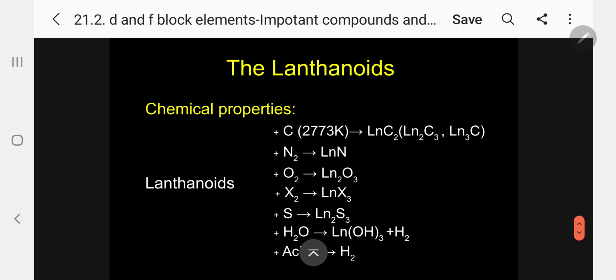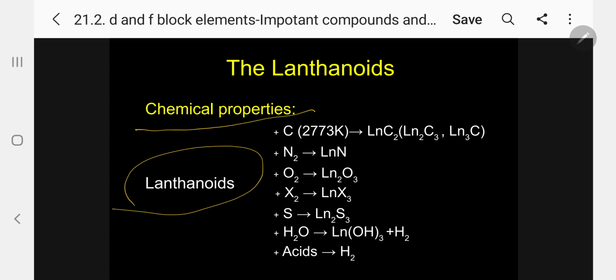Coming to the chemical properties, lanthanides normally combine with carbon to produce different compounds: Ln2C3, Ln2C, Ln2C2, etc. With nitrogen, LnN; with oxygen, Ln2O3; with X2, LnX3; with S, Ln2S3; and with H2O, Ln(OH)3; with acids they liberate hydrogen.